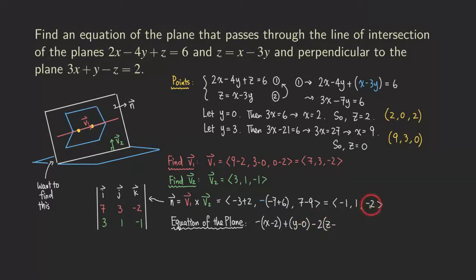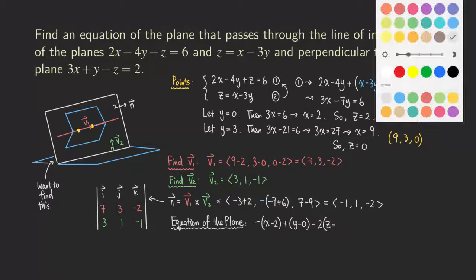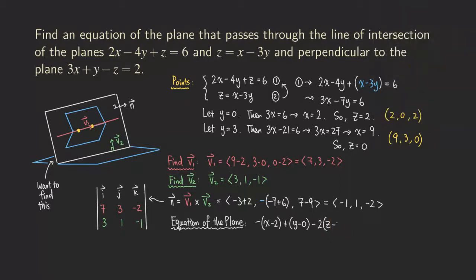This -2 comes from the normal vector, and then this 2 comes from the point, right? So I actually should highlight those points. As you can see, it's better that way, right? So that you know where those numbers come from. So with the minus, and then now I just highlight the point, which is 2 and then 0 here. And then we get the 0 here.